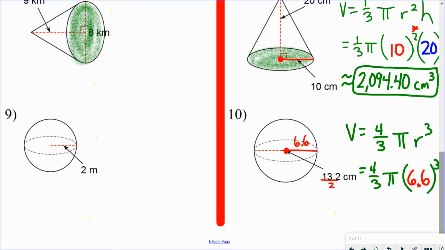So we multiply 4/3 times pi times 6 6/10 cubed. Again, use your power button on a calculator, or you can just multiply 4/3 times pi times 6 6/10 times 6 6/10 times 6 6/10. Final answer is going to be 1,204 and 26 hundredths cubic centimeters.